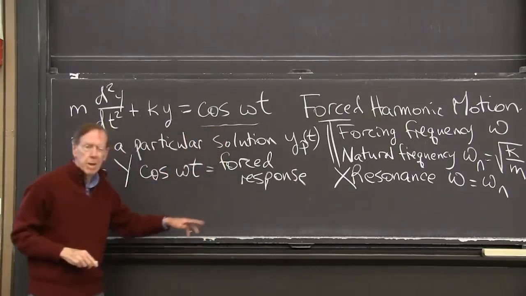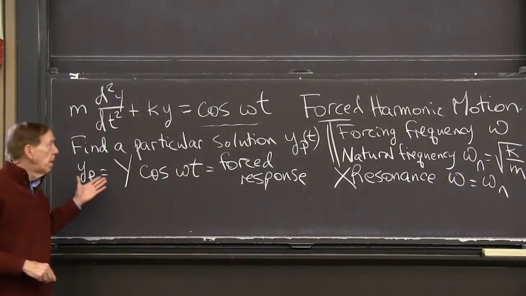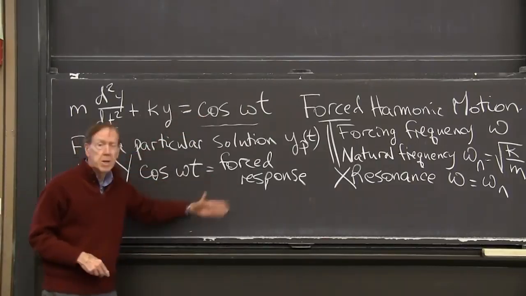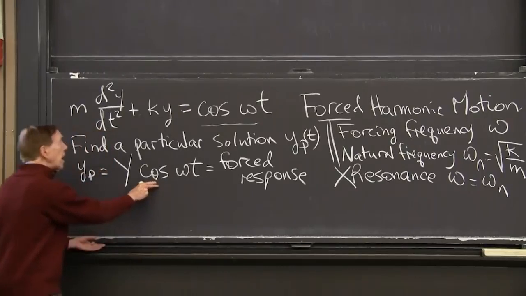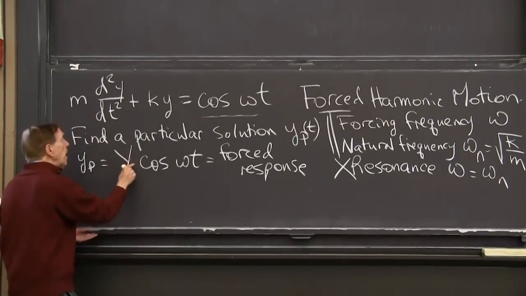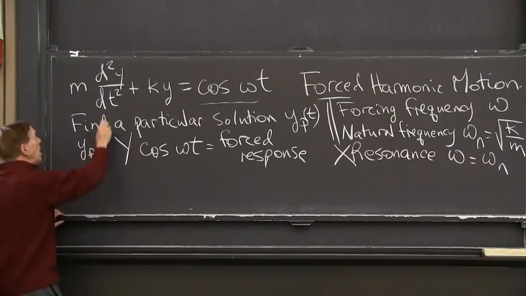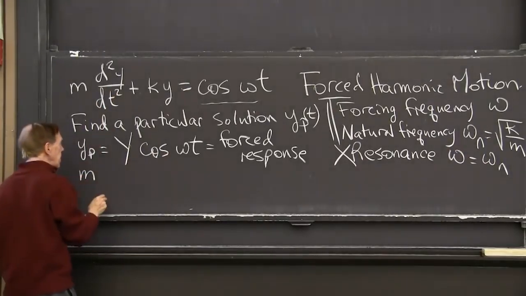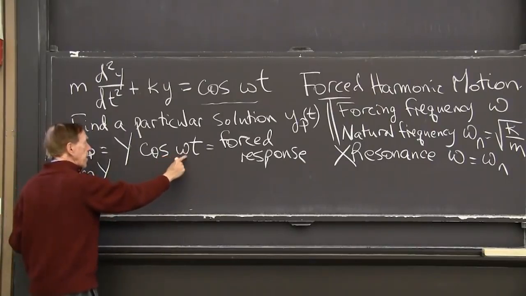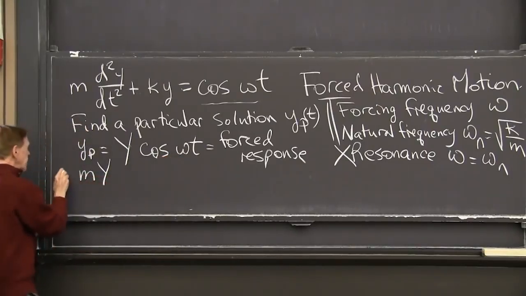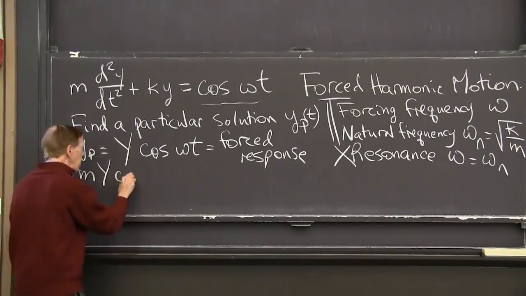I'd like to get used to that word response for the solution. Here's the input, the response is the output. Okay, so let me just plug that into the equation and find capital Y. So here I have m. The second derivative will bring out a minus omega squared, right, times the cosine.